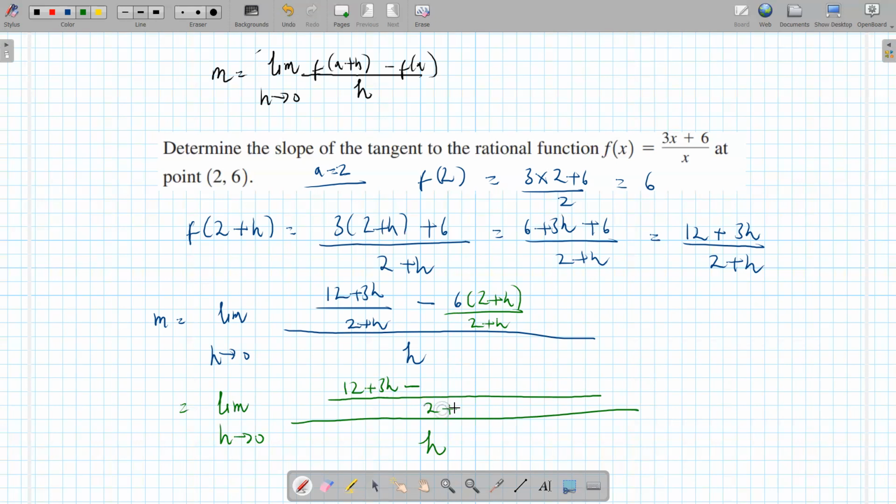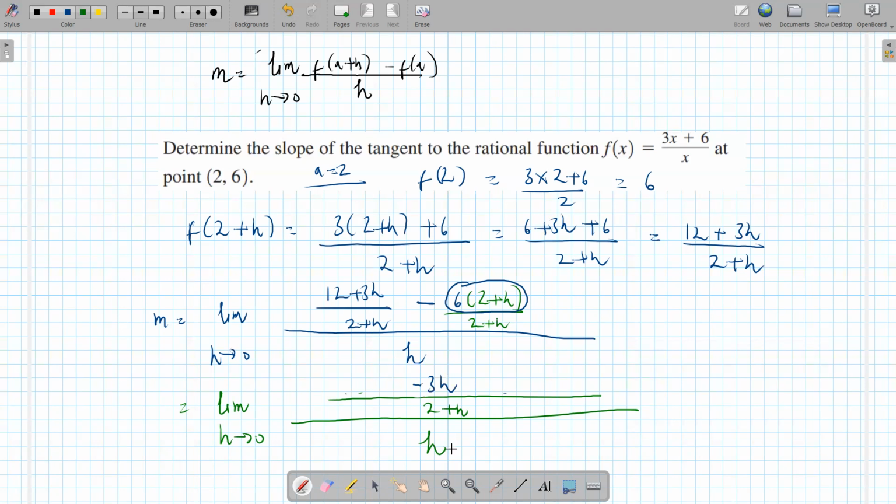They both have a denominator of 2 plus h. And this minus sign applies to this entire term. So when you combine them, it'll be minus 6 times 2, 12, and minus 6 times h, minus 6h. Do the 12s cancel out? Yes. So then you're left with 3h minus 6h, which are like terms, so that's just negative 3h. So that's what it comes out to.